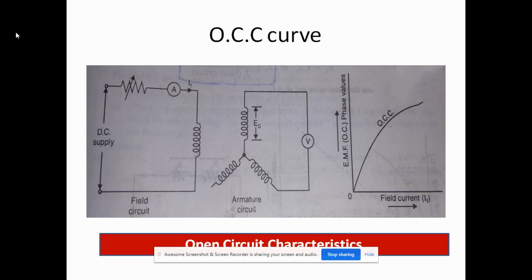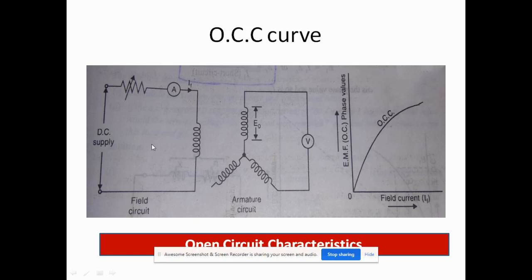Then we'll study OCC and how we'll draw the OCC curve. As the name specified, OCC stands for Open Circuit Characteristics Curve. In the diagram, we can explain how the OCC curve will be drawn. So look at the diagram. Here we have two circuits.